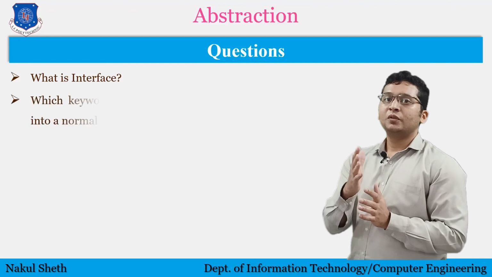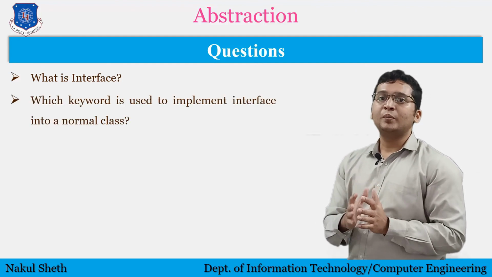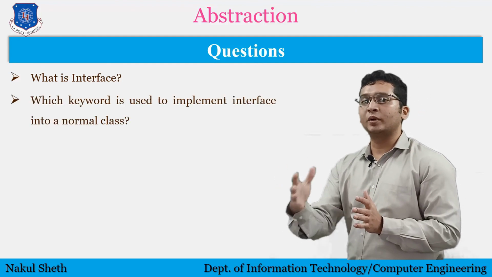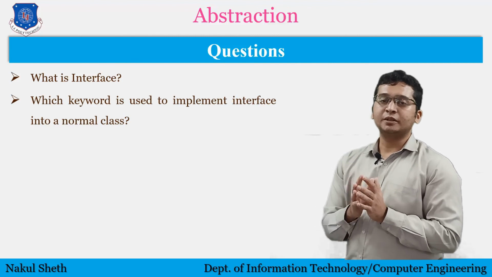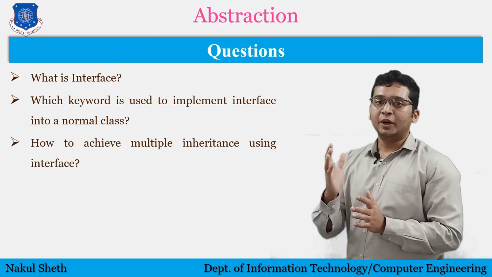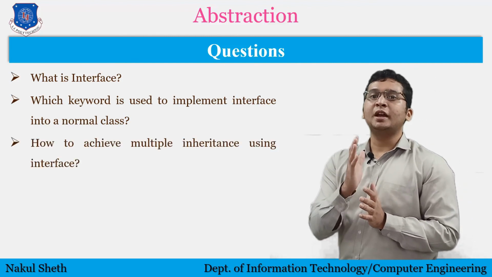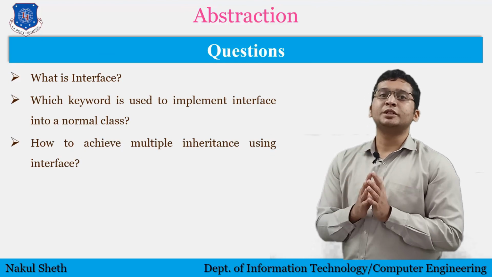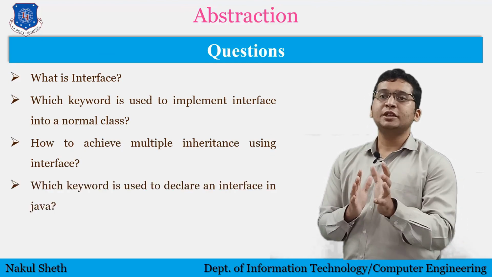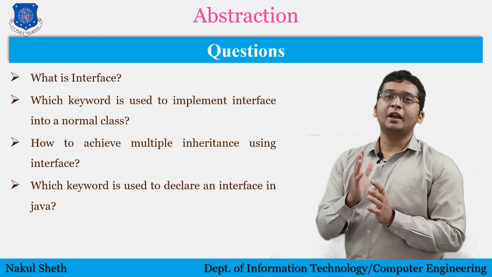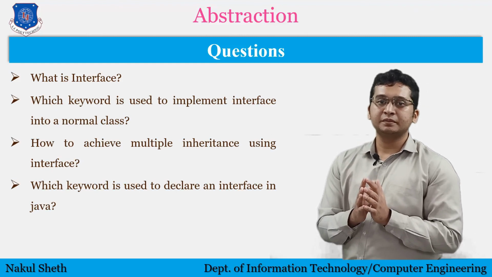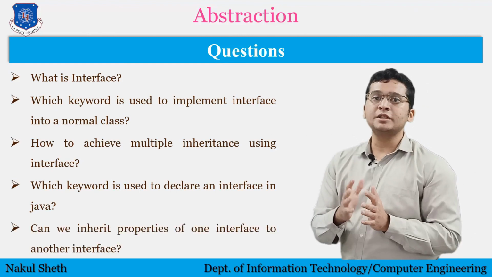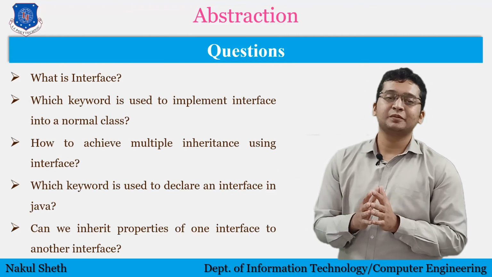Second question, which keyword is used to implement an interface in a normal class? Third question, how to achieve multiple inheritance using an interface? Fourth question, which keyword is used to declare an interface in Java? Properties of one interface to another interface.